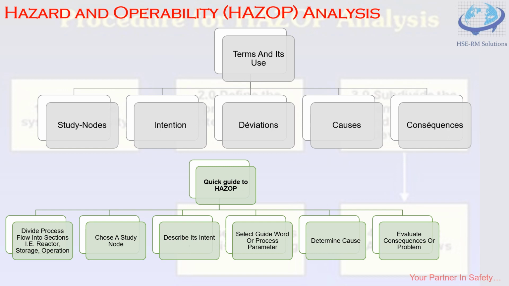Now comes deviation. These are departures from the intention, which are discovered by systematically applying the guide words. Which guide word to use depends on what parameter is intended to be studied. Are we studying flow of material, pressure generated due to flow of process, or temperature, correct? So the guide word depends on that. Now comes the causes.